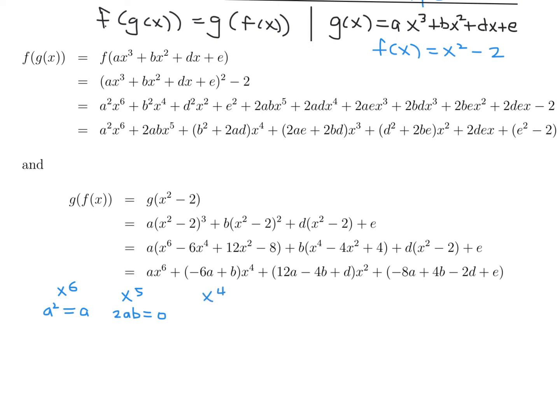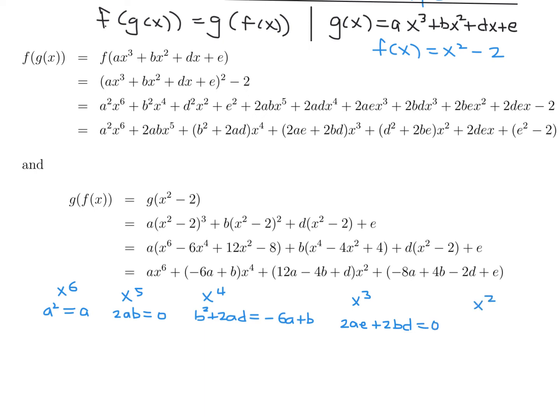For x to the power of 4, up here it's b squared plus 2ad, and here it's minus 6a plus b. For x to the power of 3, up there it's 2ae plus 2bd, and in this bottom one there is none, so it's 0.